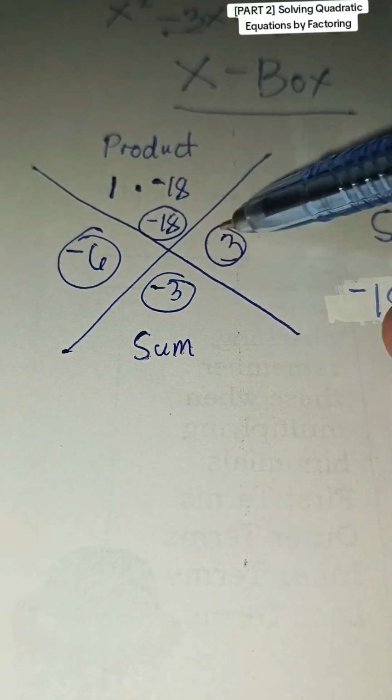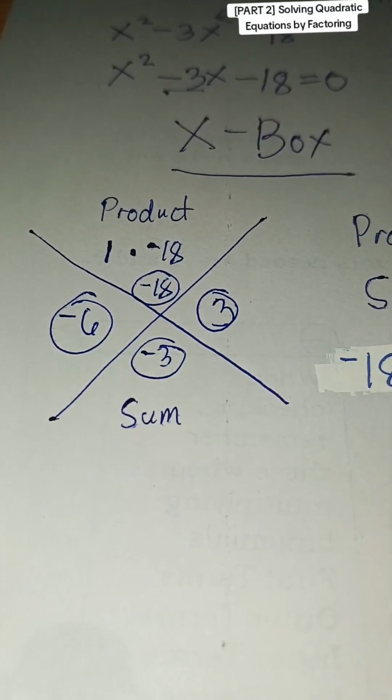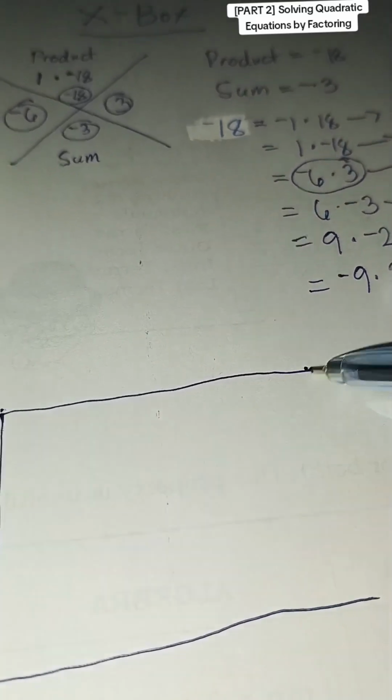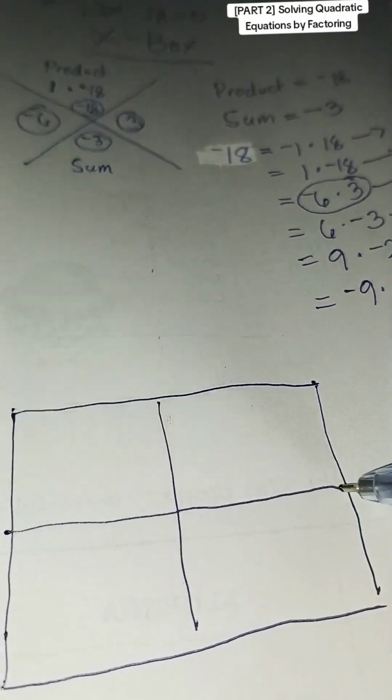So, ito nang encirclean. After that, na-obtain na nato ang mga values, the four corners of the X. So we're going to draw box. Okay.